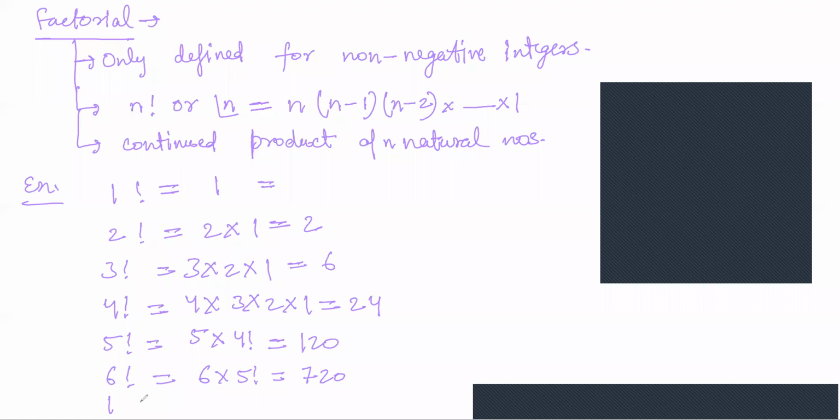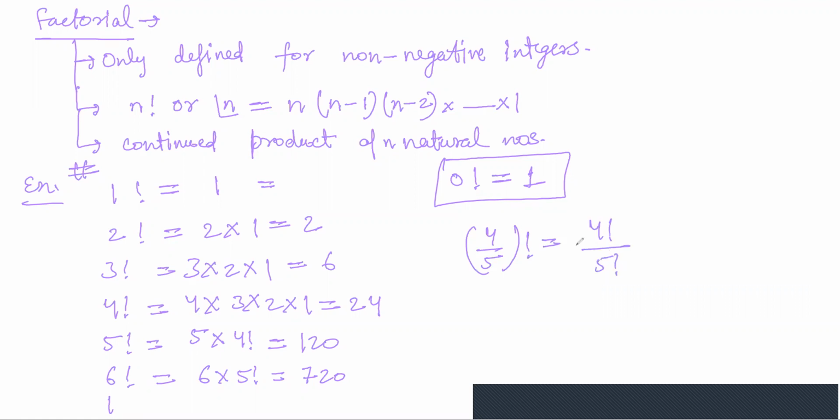Now I'm telling you the answer for 0 factorial. Why 0 factorial is 1, we will discuss later on. But 0 factorial is 1. For now, 0 factorial is also defined, which is 1. You cannot find the factorial for any negative integer or any rational number, like the factorial of 4 upon 5 does not exist. 4 factorial upon 5 factorial can exist, but the factorial of 4 upon 5, no. Do not understand it like this.